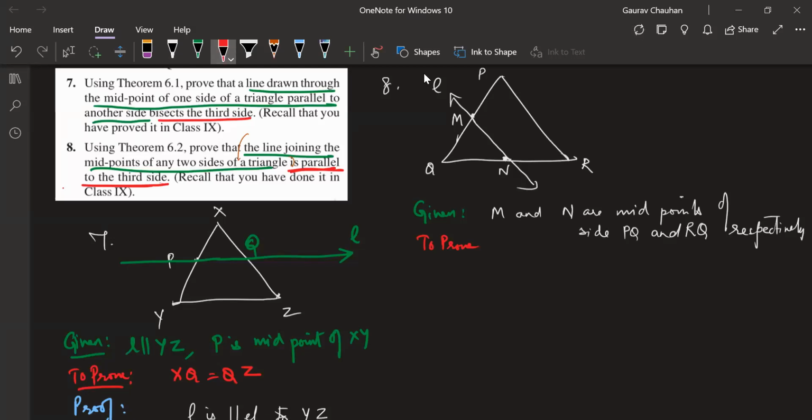Instead of writing two sentences, write one sentence: M is the midpoint of PQ, that will come first, N is the midpoint of RQ, that will come second, then we write respectively. To prove, Riza? So to prove will be MN is parallel to PR.